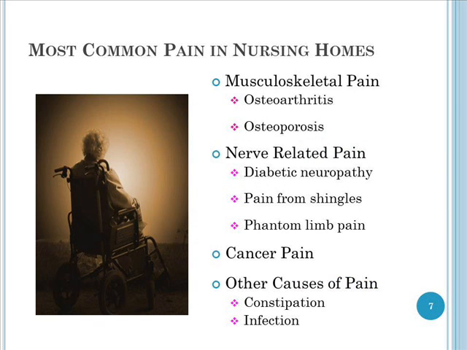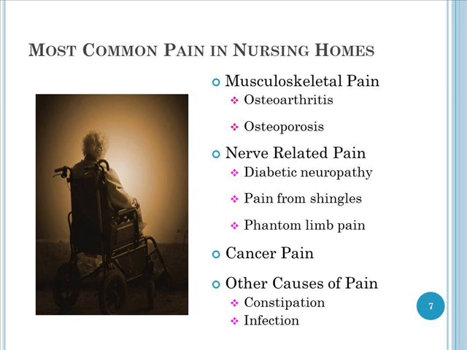There are many different problems that we know are painful, and residents in nursing homes experience many of these. And it's important for us all to be aware and thinking about whether or not someone is experiencing pain, especially if they can't report to us. And being aware of some of the things that cause pain, such as osteoarthritis and osteoporosis, nerve pain, such as that from shingles, from diabetes, diabetic neuropathy, phantom limb pain can be a real pain problem related to nerve issues and trauma.